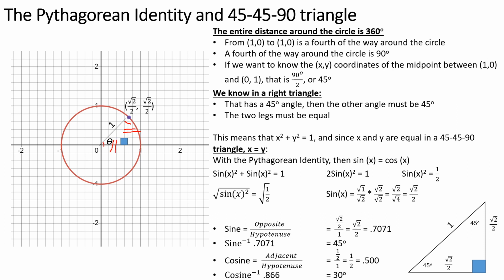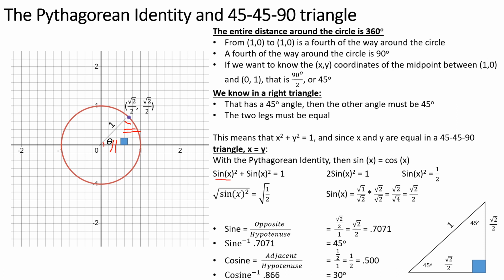That really is saying x squared plus y squared equals 1, cosine squared plus sine squared equals 1, or it's really saying 2 sine squared, because the cosine is the x-axis and the sine is the y-axis, and cosine is equal to sine at this point.